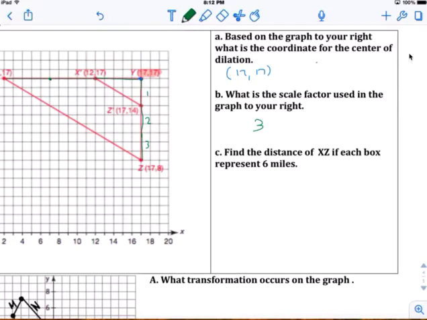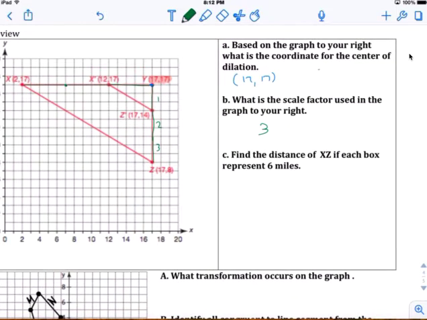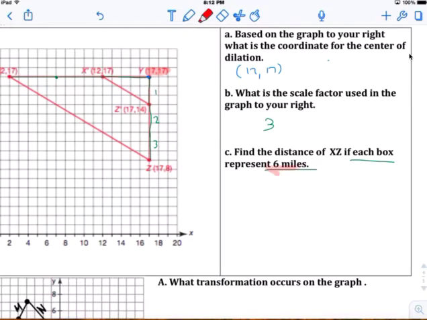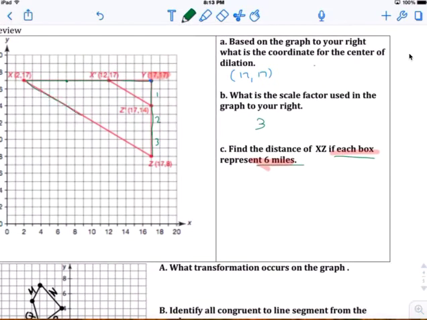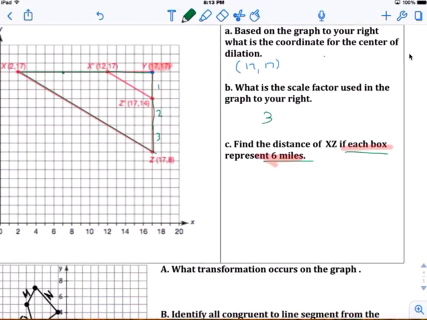Find the distance of x if each box represents 6 miles. I hope you guys read that each box represents 6 miles. Okay, find this distance. I would use the Pythagorean Theorem. A squared plus b squared equals c squared.